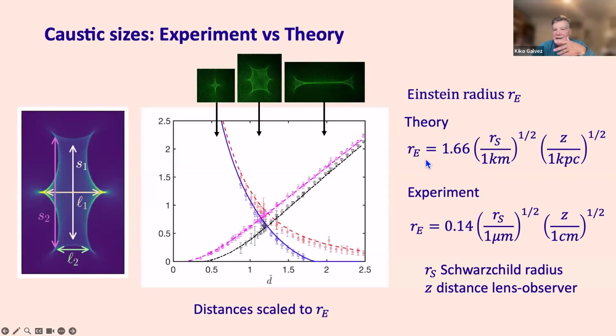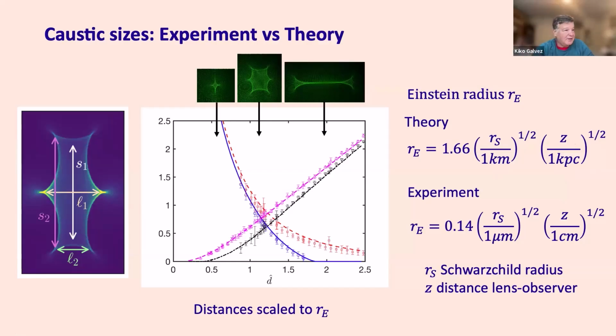On one end, our colleagues calculated for an astrophysical situation. So there's a Schwarzschild radius of a lens with solar-sized masses, scaled to 1 kilometer, and then the distance of the order of a kiloparsec.